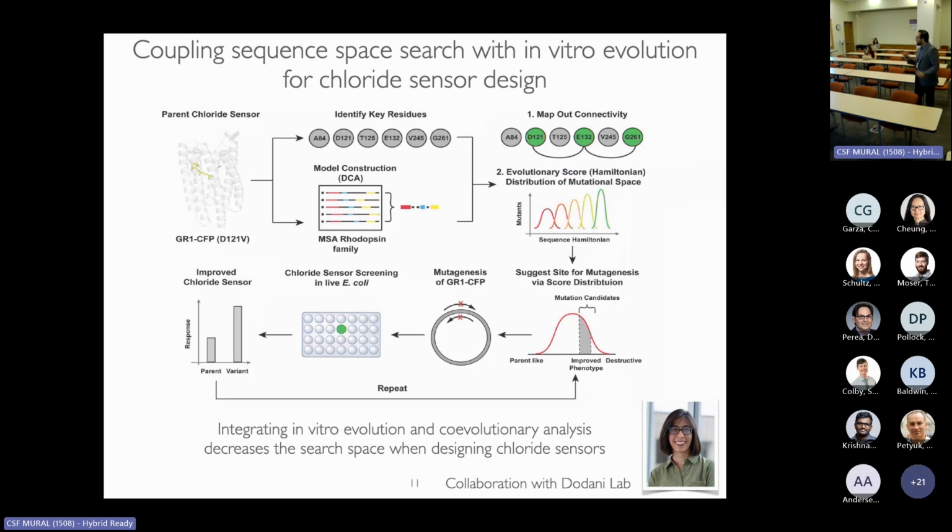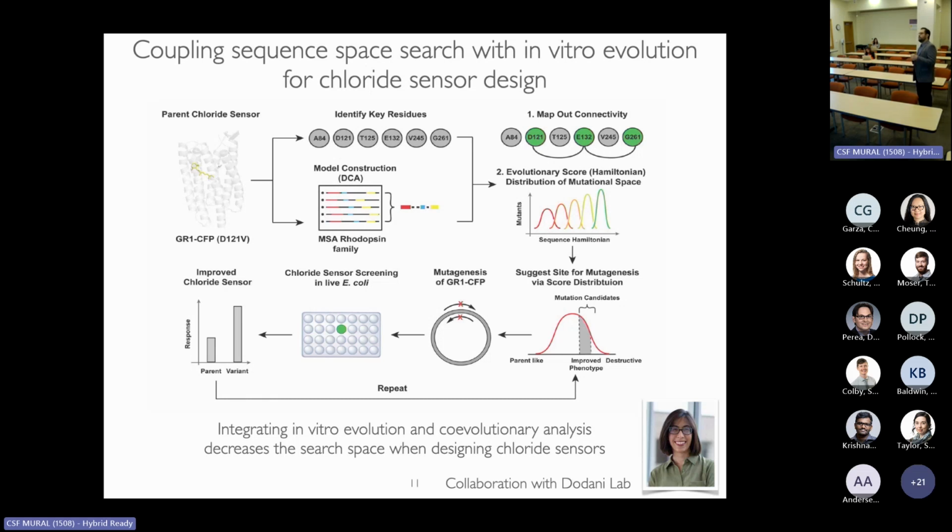This is another example of how we can use this statistical energy. I'm going to go a little bit quicker on this because I want to get into the generative models that are the main topic of my lecture today. But this is another example where there's this family of rhodopsins, proteins that sense light, where my colleague from UTD, Shield Odani, discovered a single mutant that allows a protein to be fluorescent upon chloride binding.